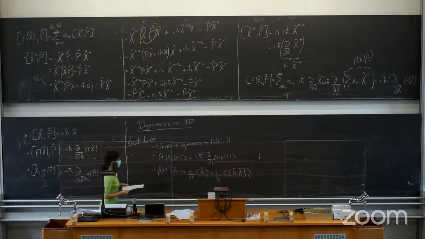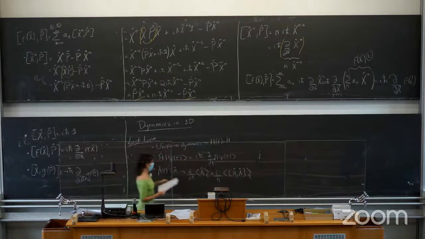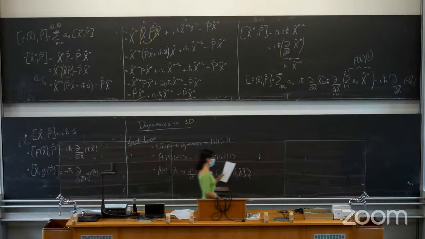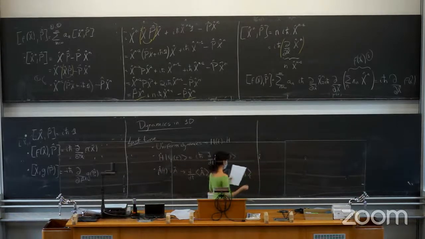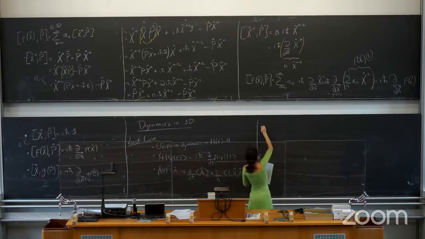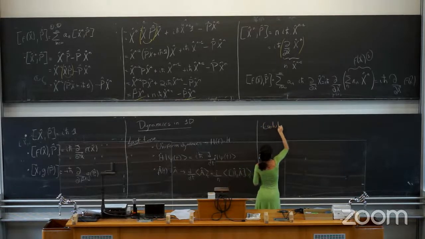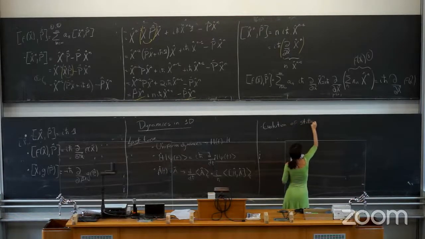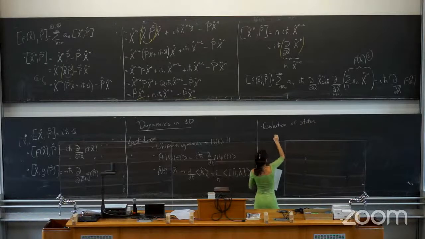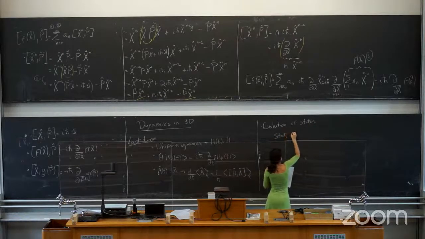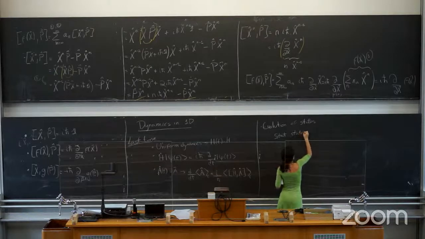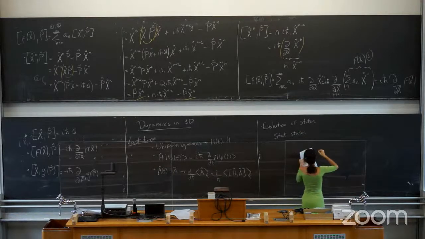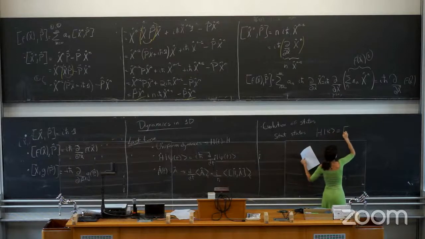And the last thing we did was to talk about the evolution of states. First we saw that stationary states are the eigenstates of the Hamiltonian, these that satisfy this equation.